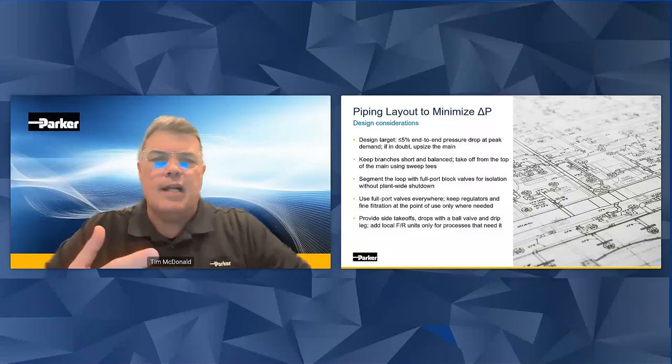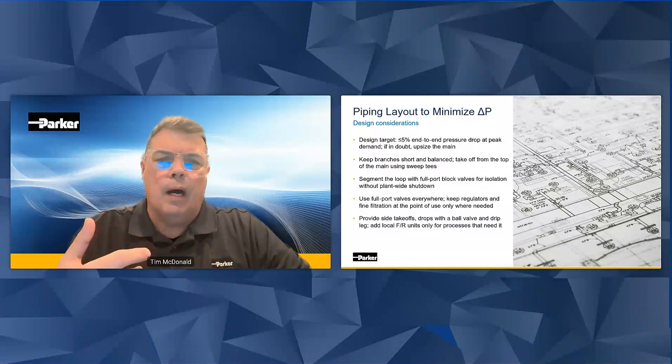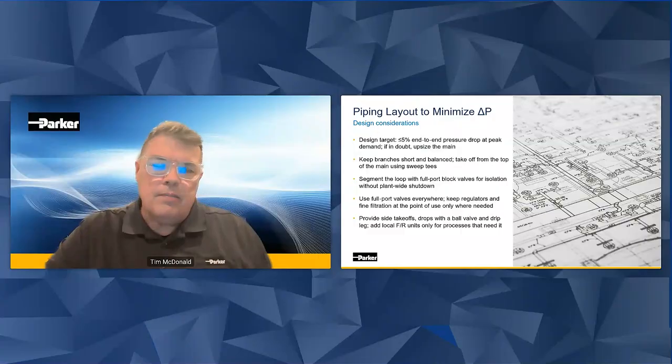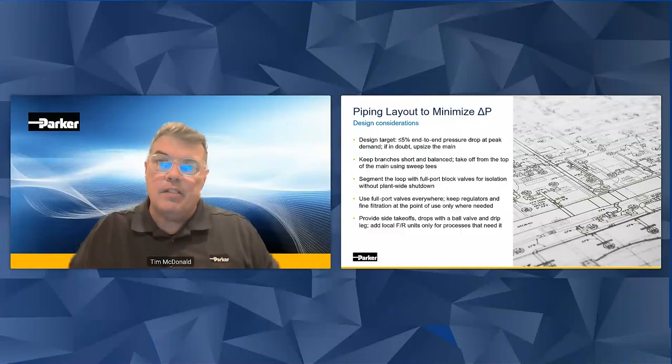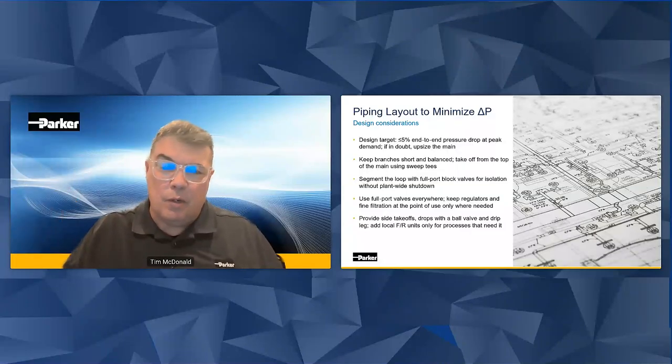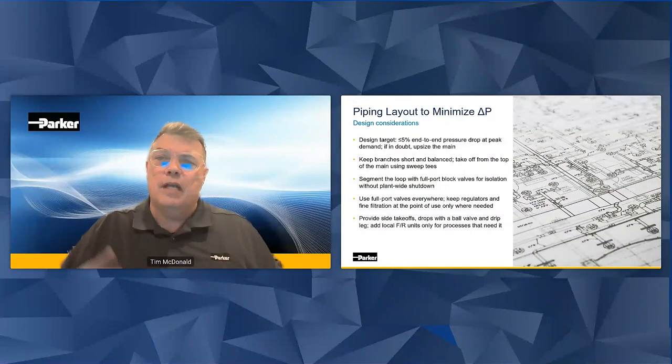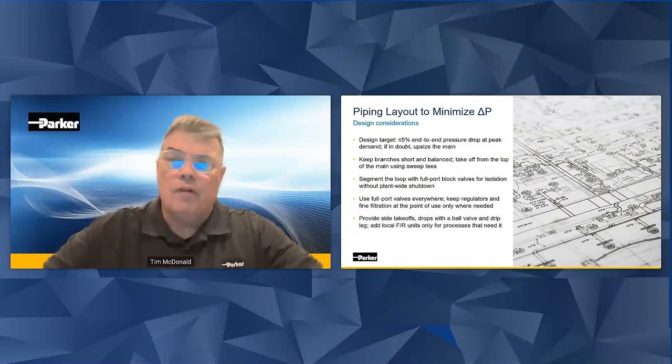Okay, provide takeoffs, again, drops with ball valves and drip legs. If you're working on a specific piece of machine, you need to be able to isolate that piece of machine. You need to be able to de-energize between that drop and that piece of equipment. So you need to make sure you have the right equipment in place that allows you to do that, to make sure you're meeting the OSHA standards for keeping everybody safe.